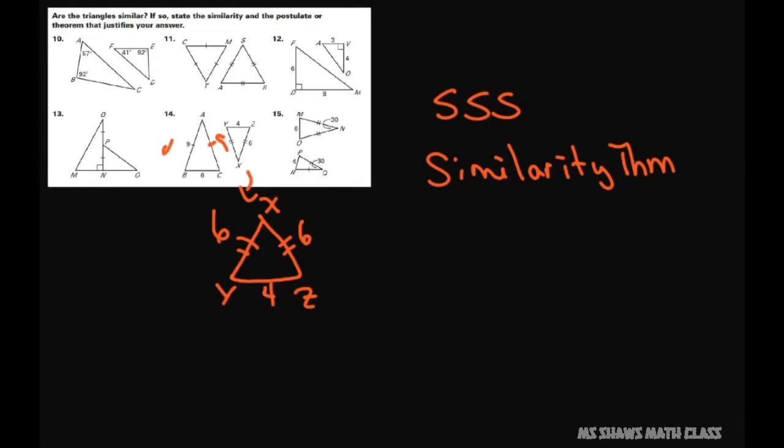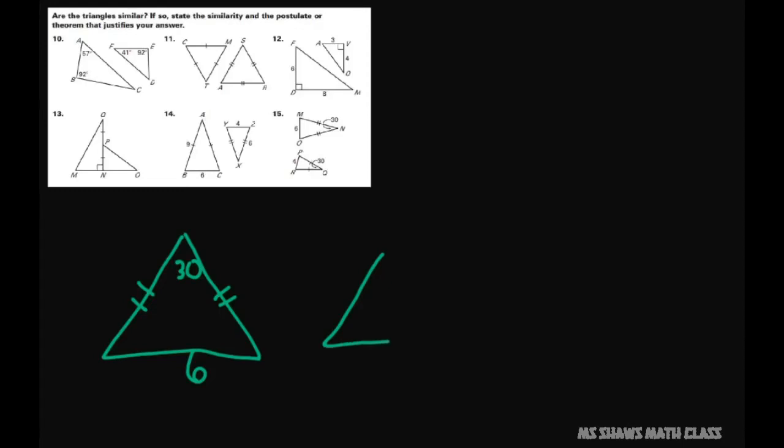And for the last one, 15, let's look at what we have. The same thing. I'm just going to write them a little bigger. I made this picture too small. So you have 30 here. These two sides are congruent, and then we have 6. And the same thing for this one. We have this is 30, and these two sides are congruent.